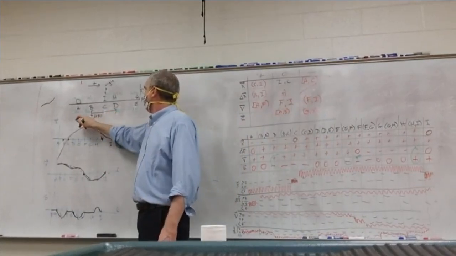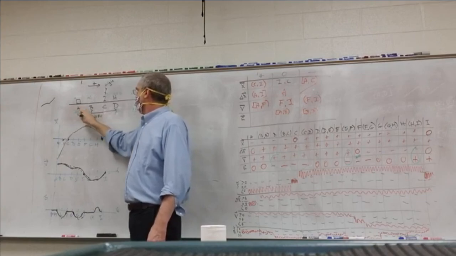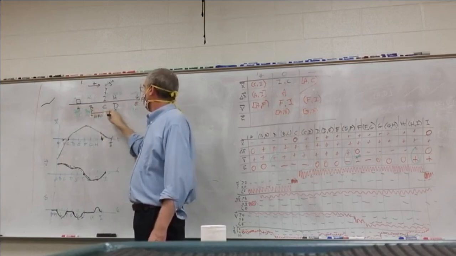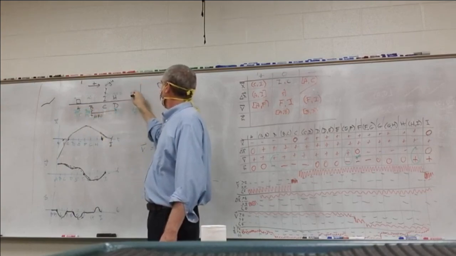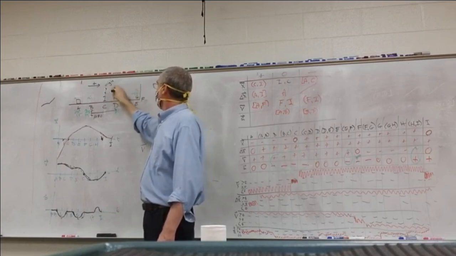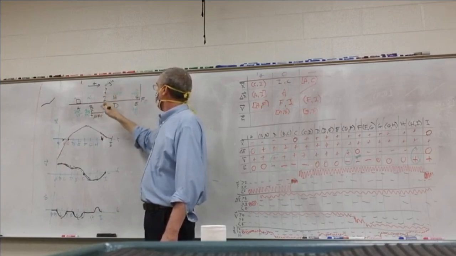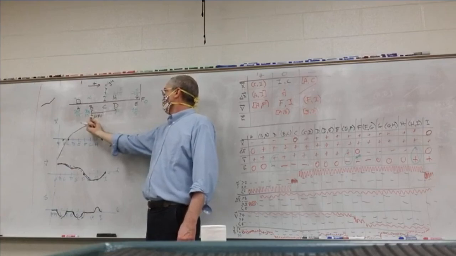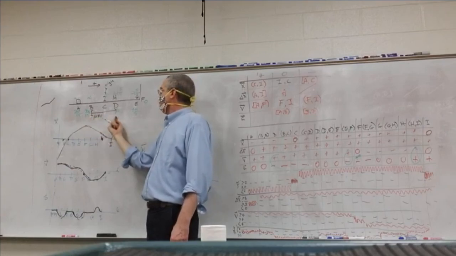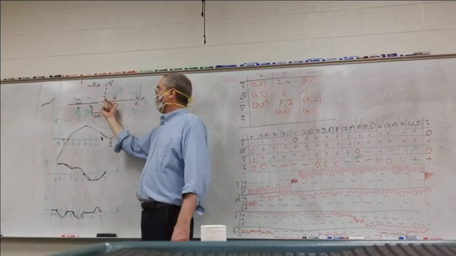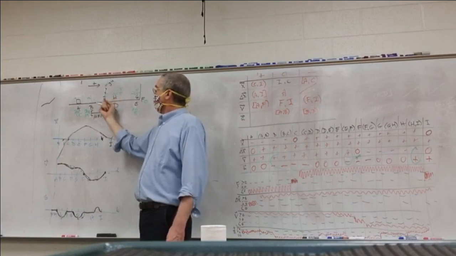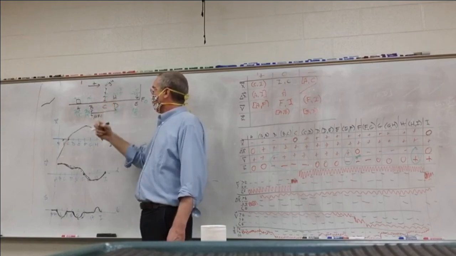Probably better if I'd added a little bit more accuracy here: 15, 15, 5, 5, negative 5, negative 5, 0. Since it lost 10 meters per second here, if it goes, let's say, half the way, it should lose the last 5 meters per second.